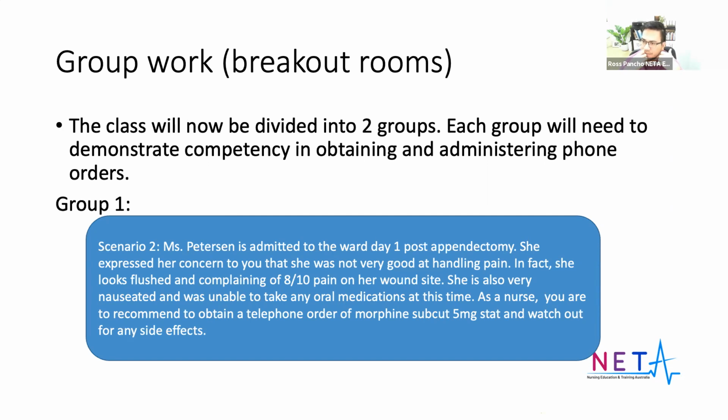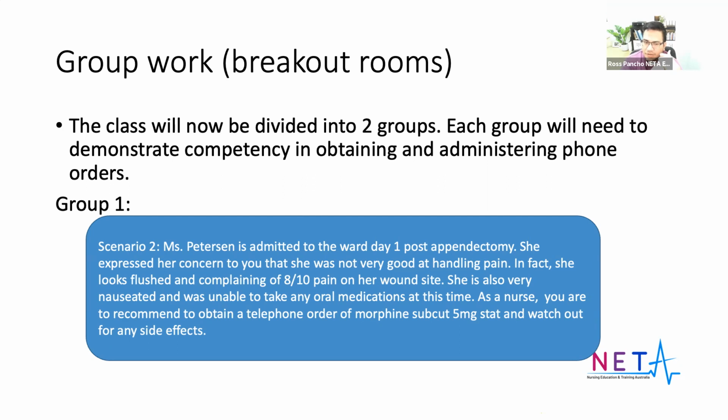All right, sure, doctor. Let me repeat your order. It's morphine subcut 5 milligrams stat. And we'll watch out for side effects after. No problem. I'll pass you to Karen, my co-nurse. Hello, Dr. Ross. Good morning, nurse Karen. Yes, I work with Gian.